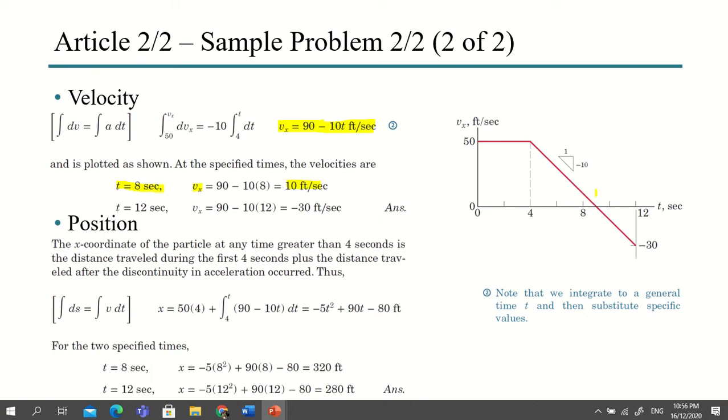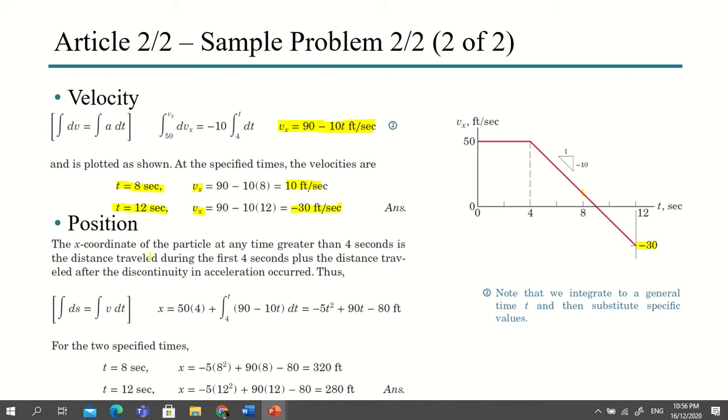So it is somewhere here. And then for t equal to 12 seconds, substituting this value into the equation, we got Vx equal to negative 30 feet per second, or this one here.